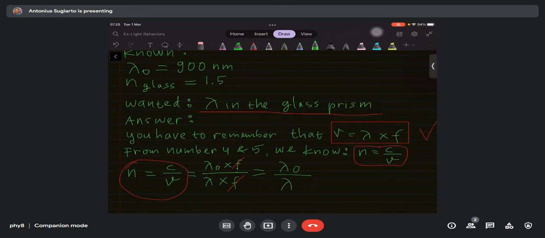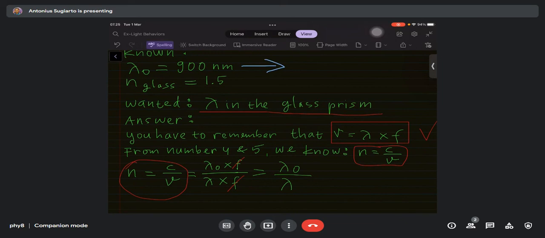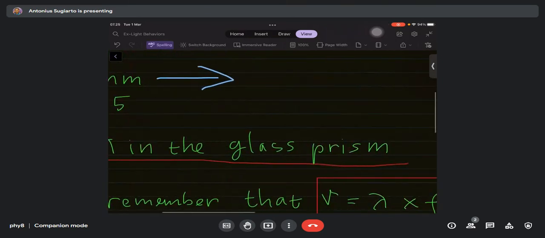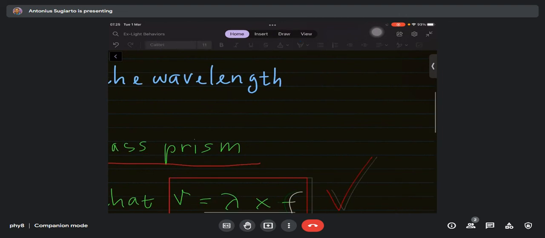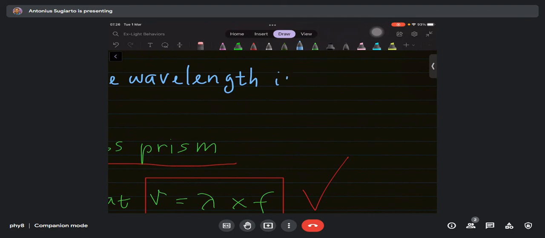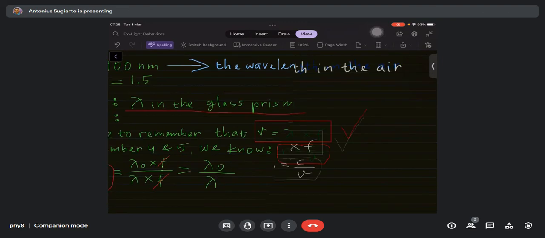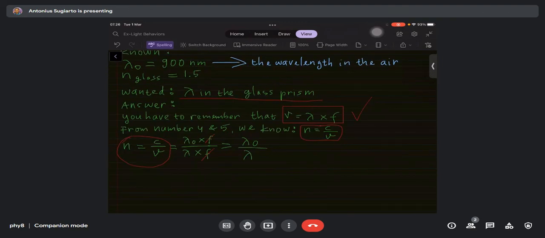Remember that lambda 0 means the wavelength in the air, not in the glass prism. So lambda 0, 900 nanometer, is the wavelength in the air. What we will calculate is lambda in the glass prism.